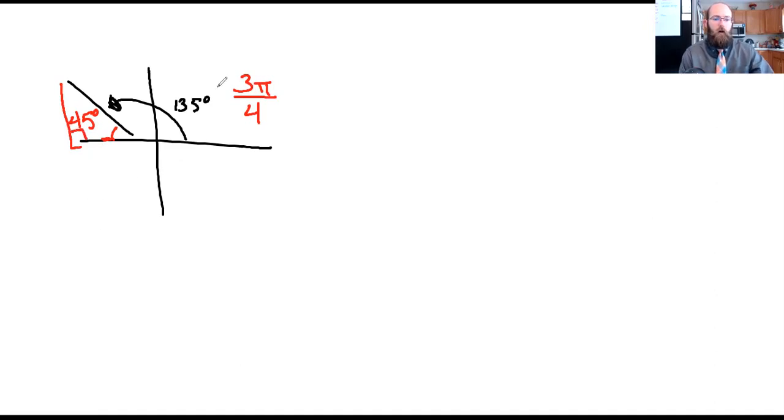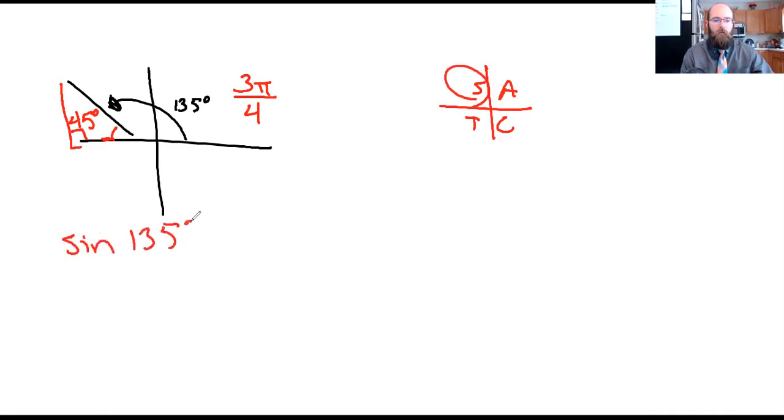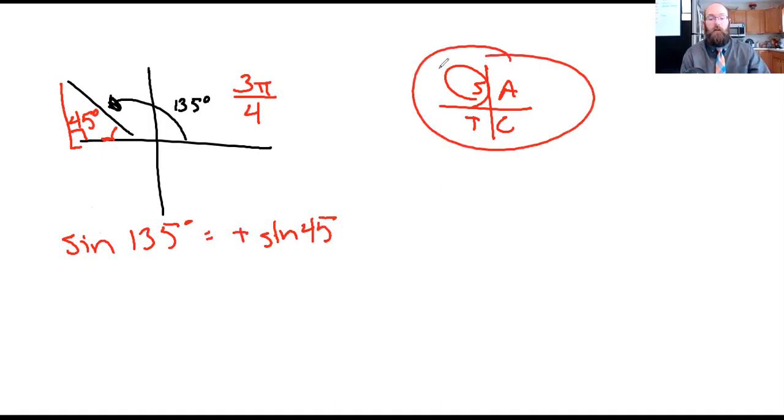So all students talk constantly. That tells me which one's positive, which one's negative. So I know sine is going to be positive here. Sine of 135 is the exact same triangle as sine of 45, and I know it's going to be positive because I've checked using my little circle here.